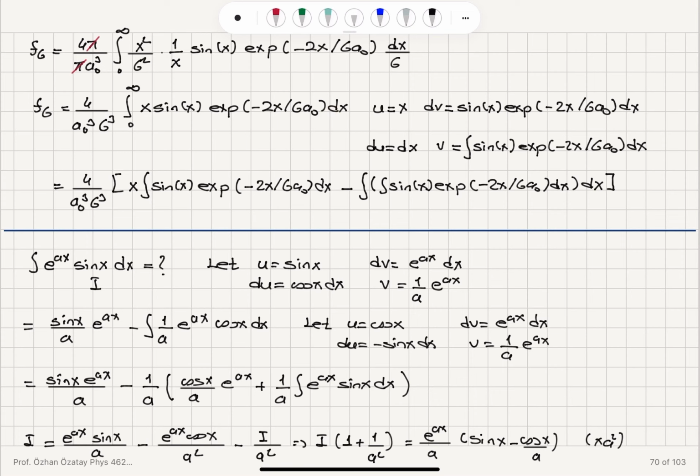And when we do integration by parts, we can see that we encounter an integral sine x e to the ax dx, where a is minus 2 over G A0. And that integral, integral of e to the ax sine x dx, I have shown by using integration by parts twice here.